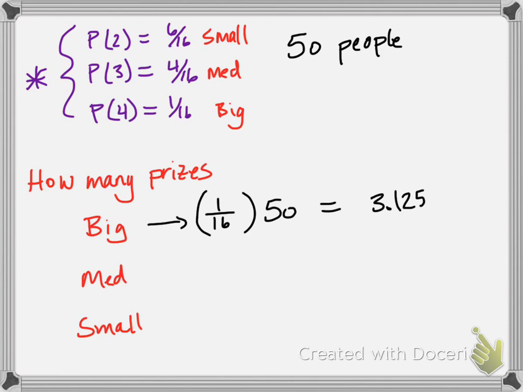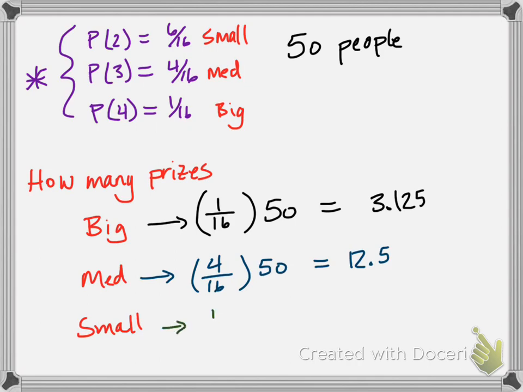For my medium one, I'm going to need to buy more because the probability is higher. So this one is 4 out of 16, which is 1/4, right? Times 50. So 1/4 times 50 gives me 12.5. So I would probably buy, just to be on the safe side, like 13 or 14. So then the small prize has an even higher probability.